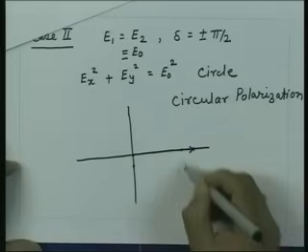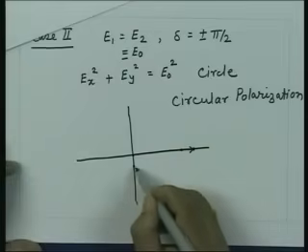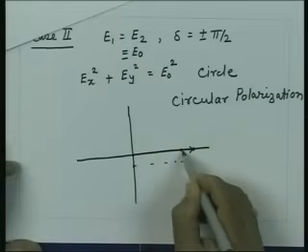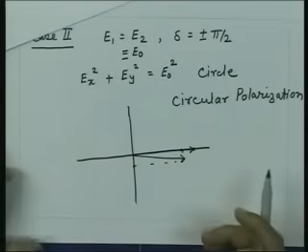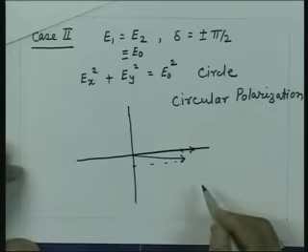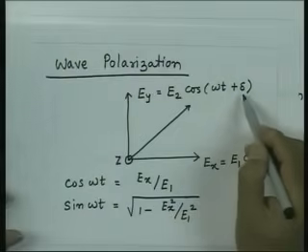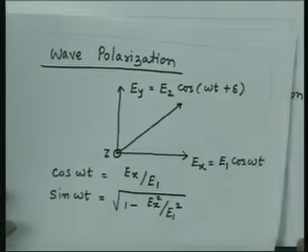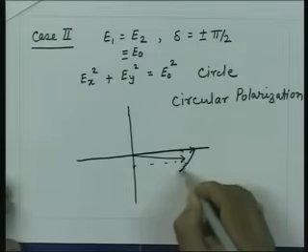If I take a time little later, this x component has come here, the y component is here, so my resultant vector direction would be somewhere here. So, as a function of time, if delta is positive, as we have taken here plus pi by 2, the vector has rotated from here to here.